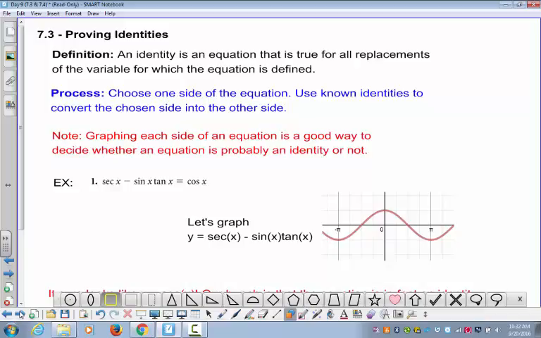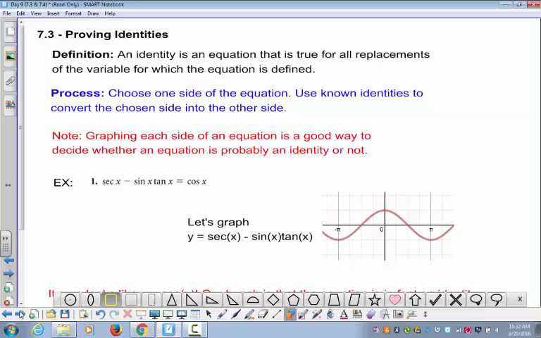So first off, we talked about this last time. An identity is an equation that's true for all replacements of the variable for which the equation is defined. You know, so there's some of those oddball things like tangent. When we write tangent of x is equal to sine of x over cosine of x, that's an identity. It's true for all replacements of the variable. We're thinking of the variable here as an angle.